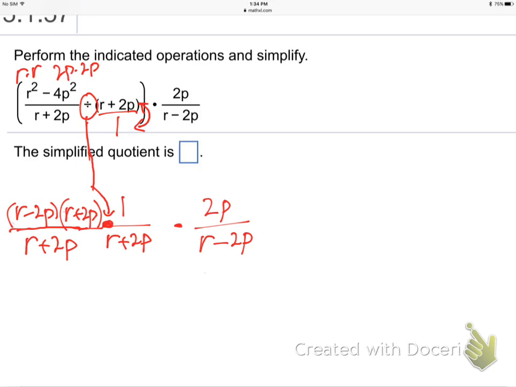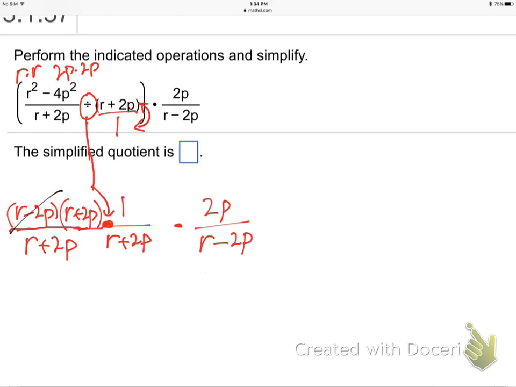And then just go ahead and cancel anything top to bottom. Straight up and down or diagonal. Either way is totally acceptable. Give you a second to finish that up. Is that good?